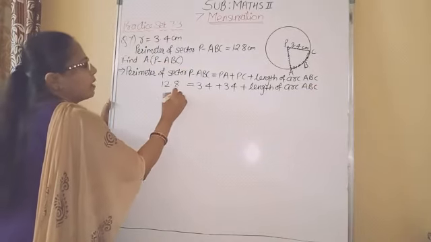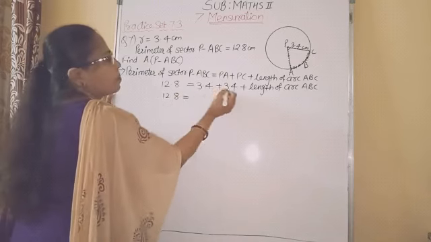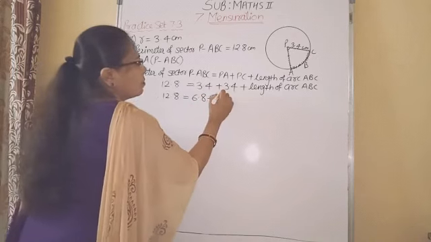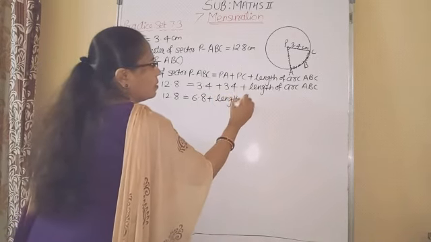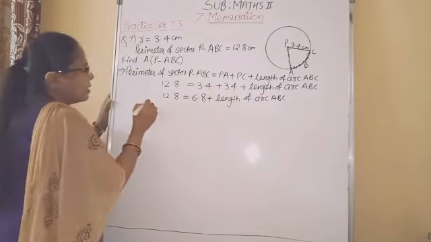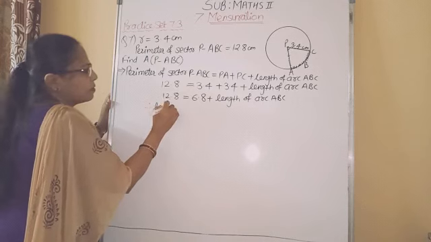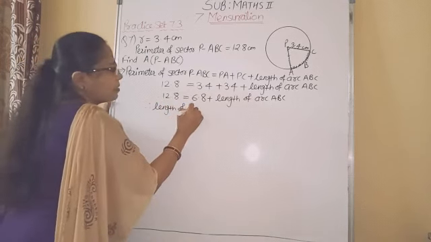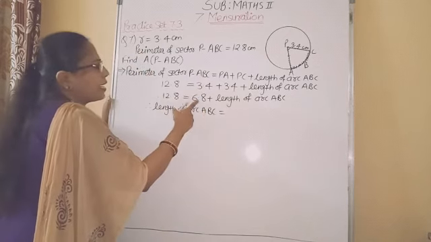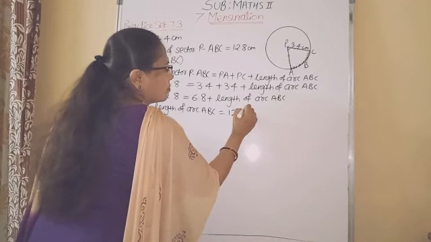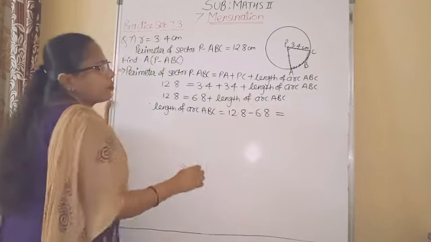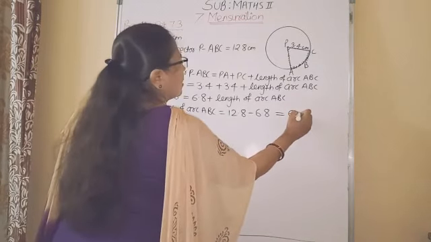Therefore 12.8 is equal to 3.4 plus 3.4, that is 6.8, plus length of arc ABC, and therefore length of arc ABC is equal to 12.8 minus 6.8. So 12.8 minus 6.8 is equal to 6 centimeter.